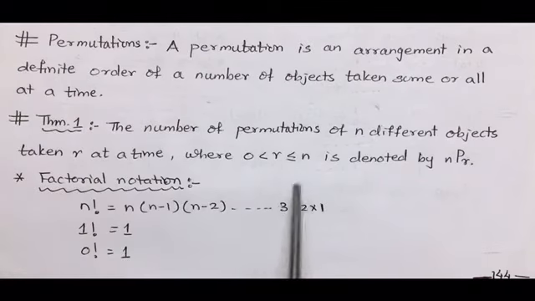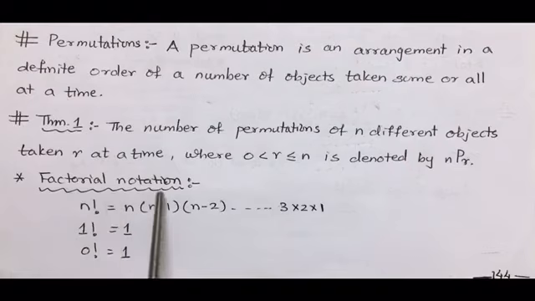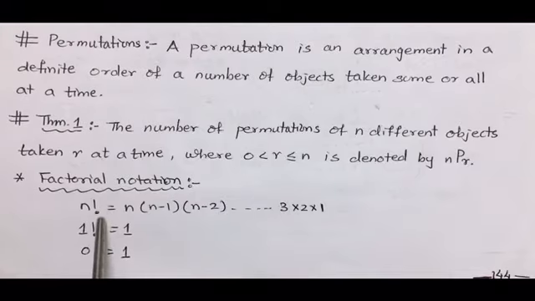Now in this chapter, while using the formula and calculations, we are going to make use of factorial notation. Now the factorial notation is denoted by this symbol, read as n factorial. Now how does the calculation of factorial take place?